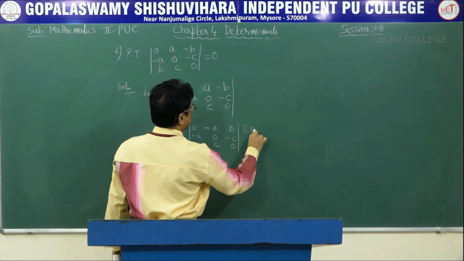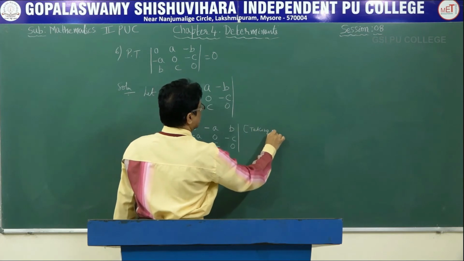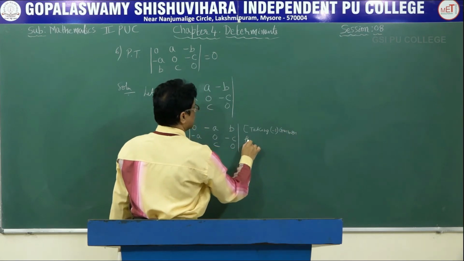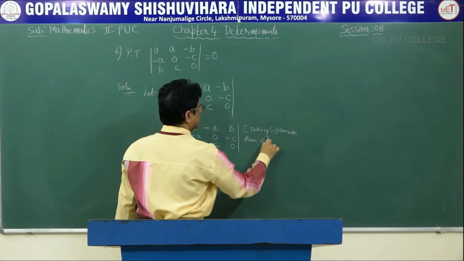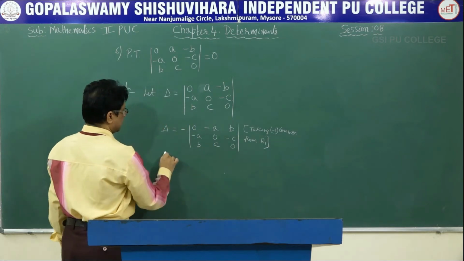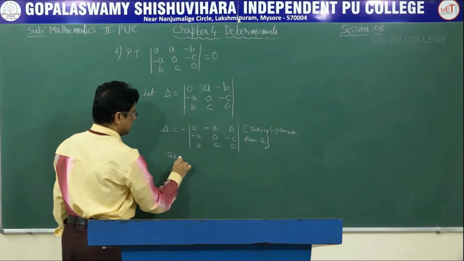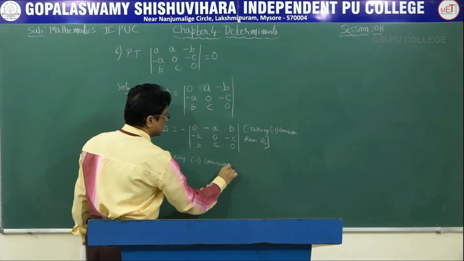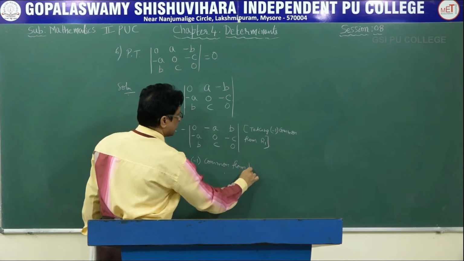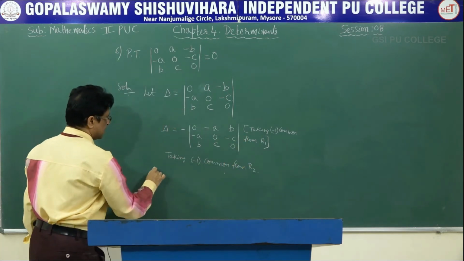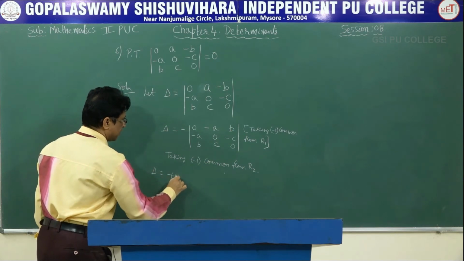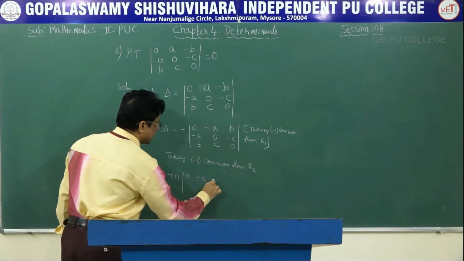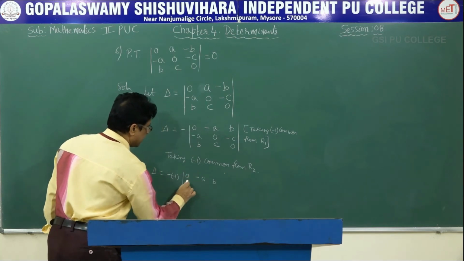That is taking minus 1 common from R1. In the next step, taking minus 1 common from R2. So delta equals minus of minus 1 into determinant of 0, minus A, B, A, 0, C, B, C, 0.